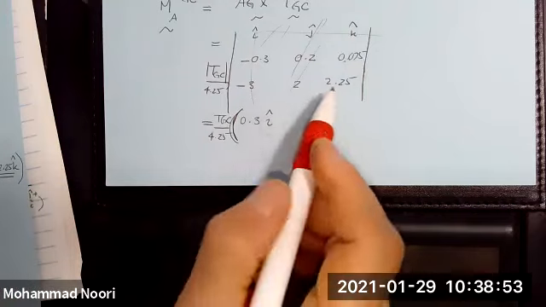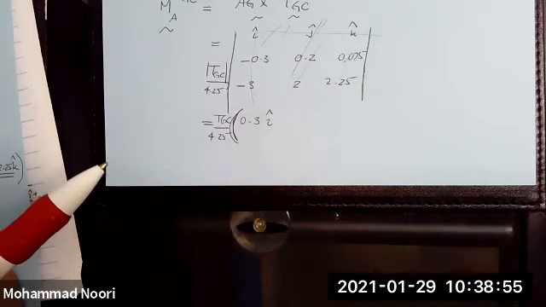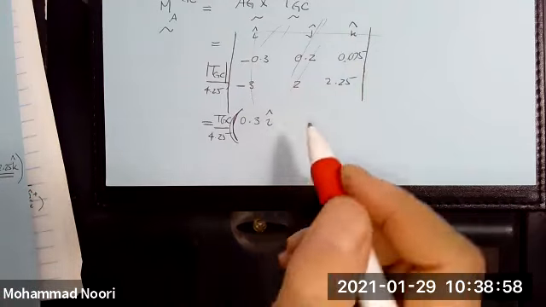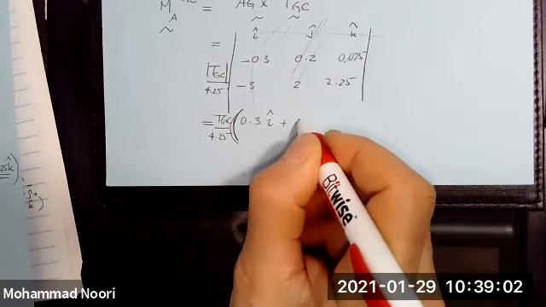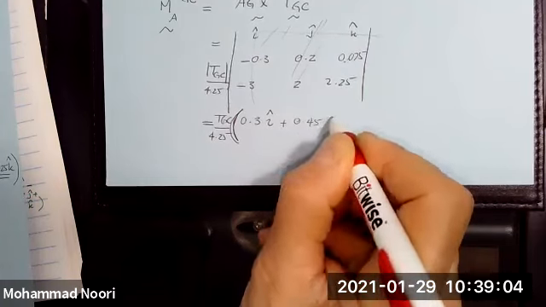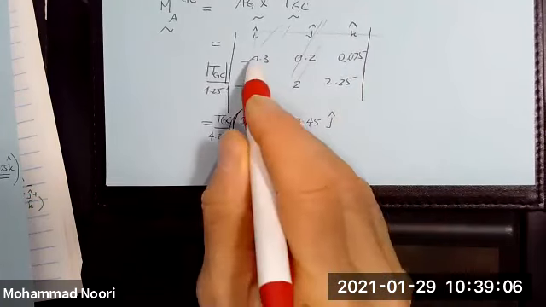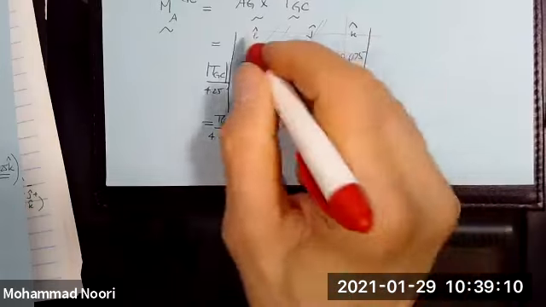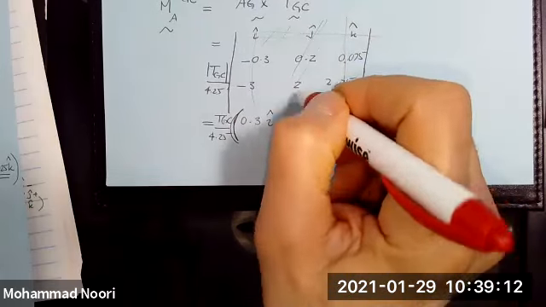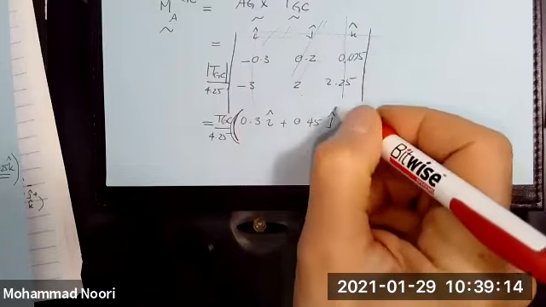So this is 0.45, so we get plus 0.45 J. And for K, you have 0.6 minus 0.6, so that's 0.